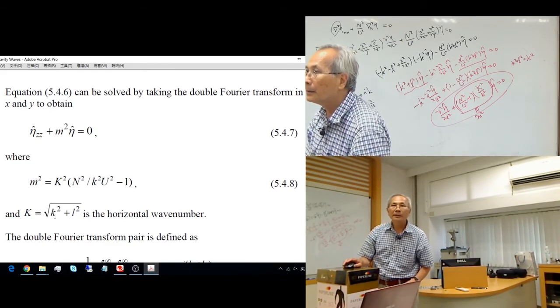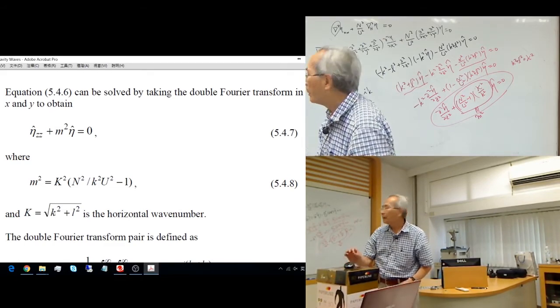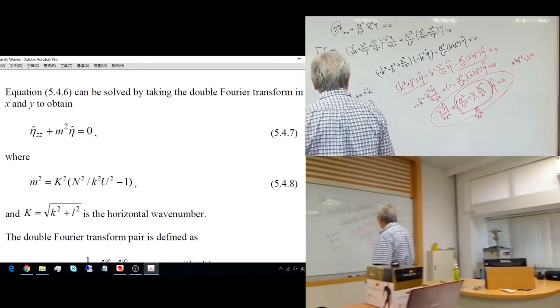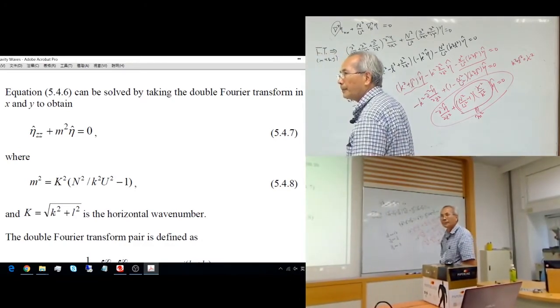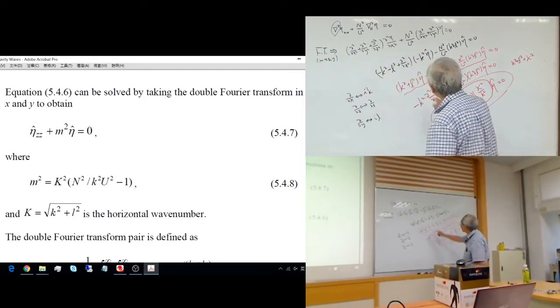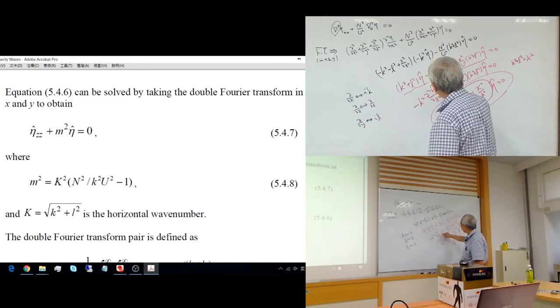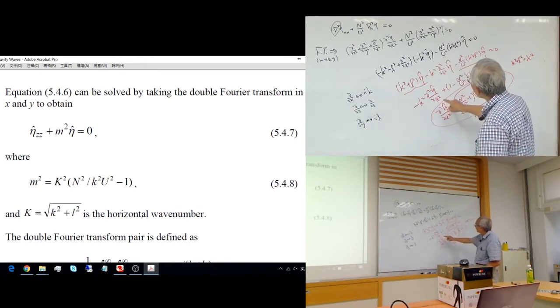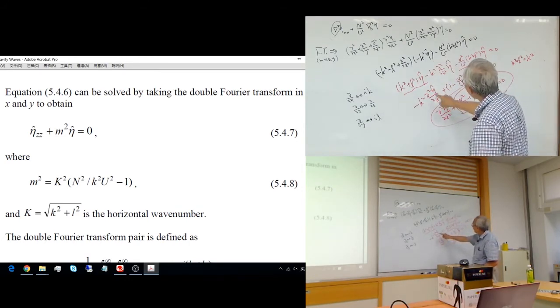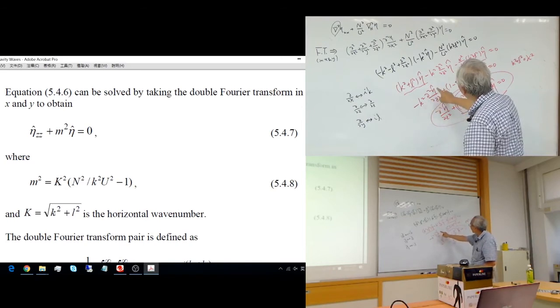Yes? Oh, something wrong? Yes. The second line, the first term. Second one? Red. Oh. This one? Yes. K squared over K squared plus L squared.